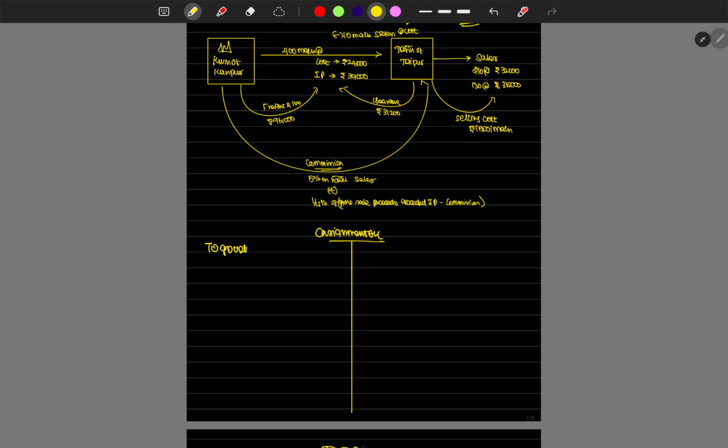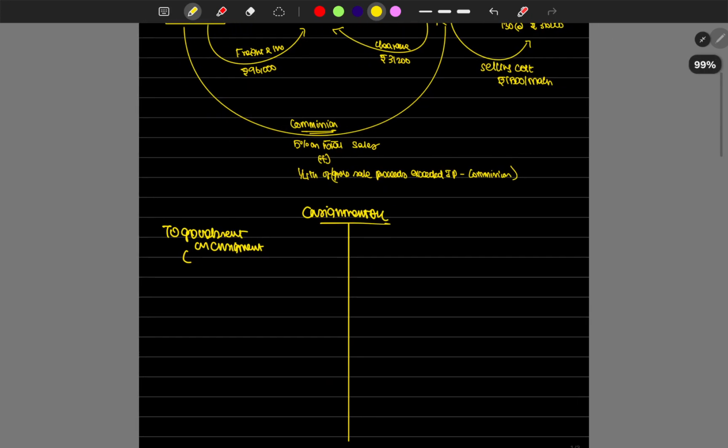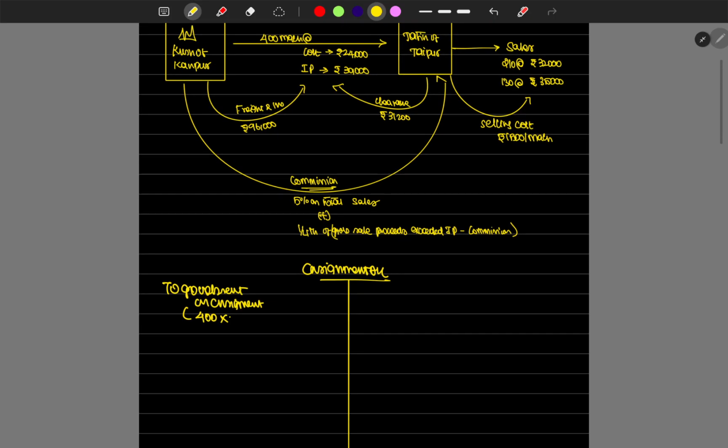How much? 400 machines were sent at the IP price, which is 30,000. 400 into 30,000 is 1 crore 20 lakhs.